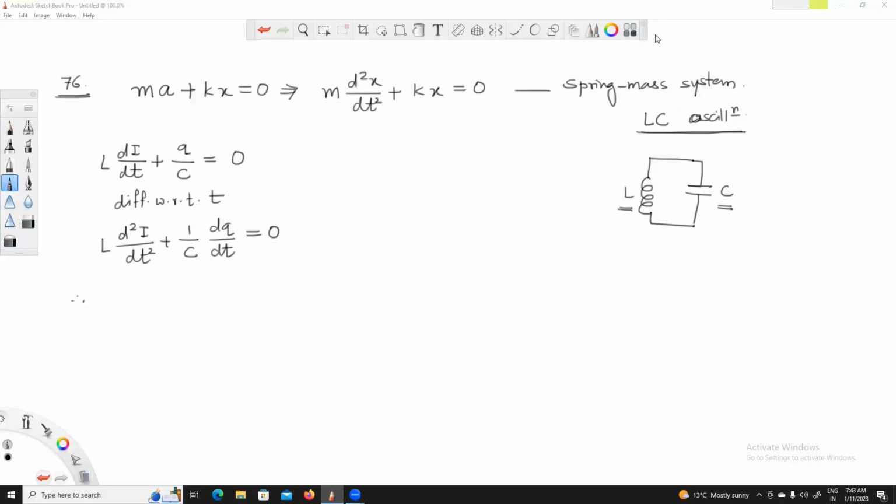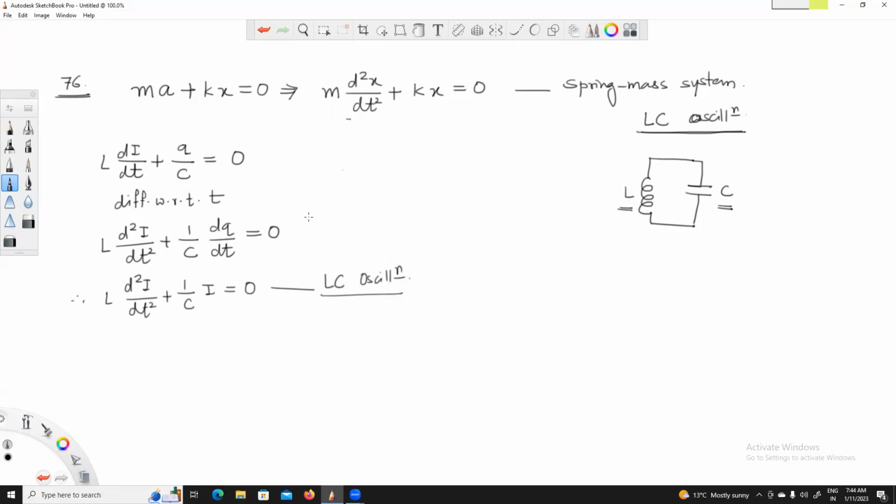So we have this differential equation set up here: L d2I upon dt square plus 1 upon C times I equal to 0, since dq by dt is nothing but the current. This differential equation represents LC oscillation.